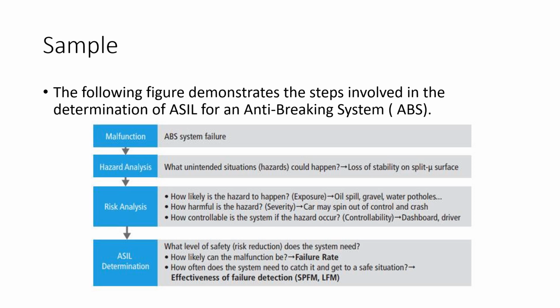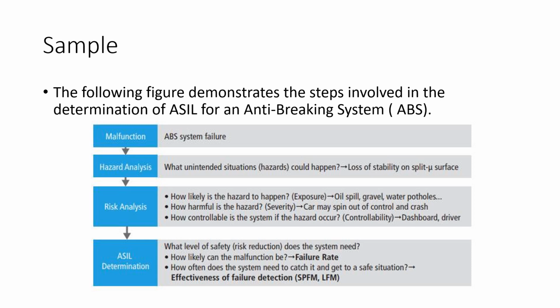How harmful the hazard is, is the severity: a car may spin out of control and crash. How controllable is the system if the hazard occurs is controllability, by the driver. How much we are able to control, and based on this we can do the ASIL determination.